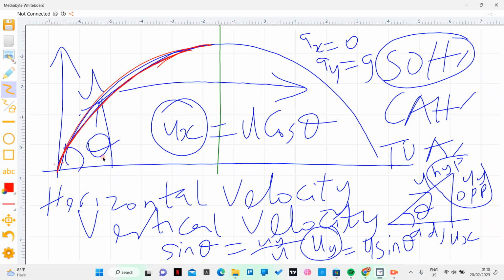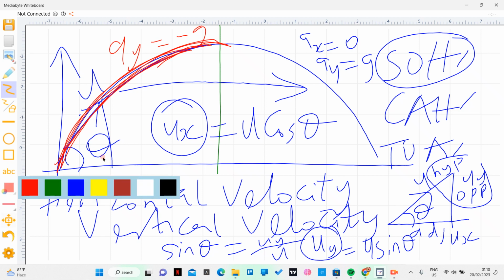So in this particular part, your acceleration will be negative, minus g, because the object is going upwards, it is going against gravity. So your Ay in this case will be minus g.